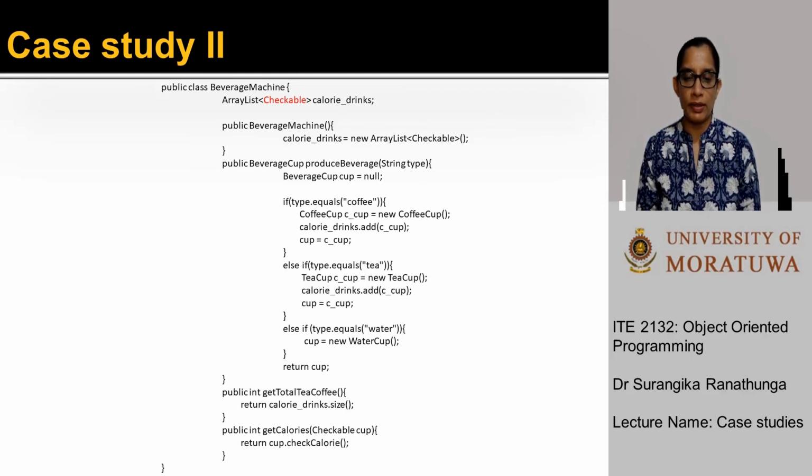We have a beverage cup, which is first null, and then depending on what the user wants, we create either a coffee cup, tea cup, or a water cup. So this beverage cup is assigned to objects of the subclass within these different if and else if conditions.